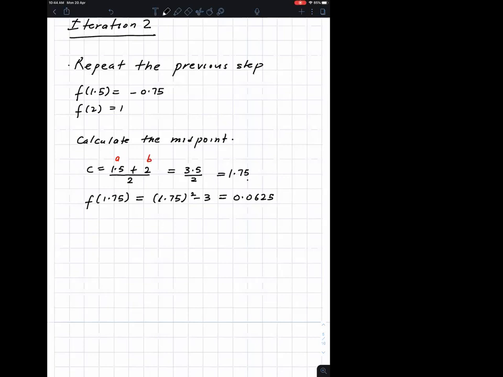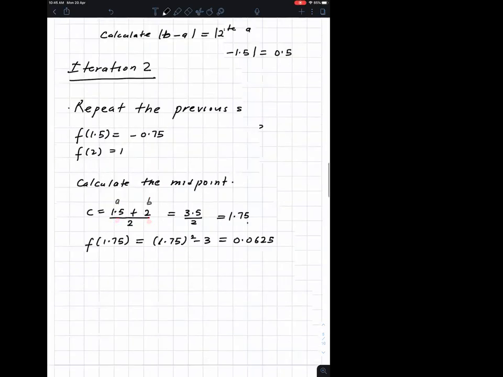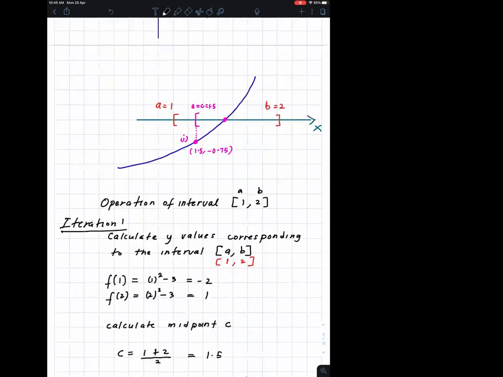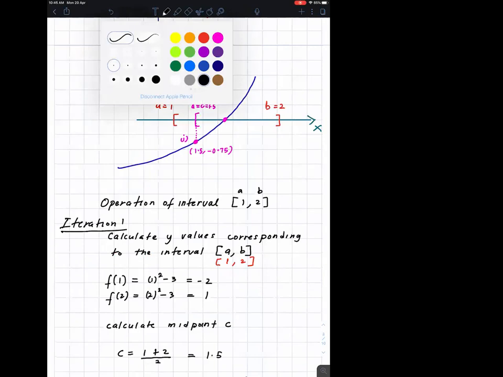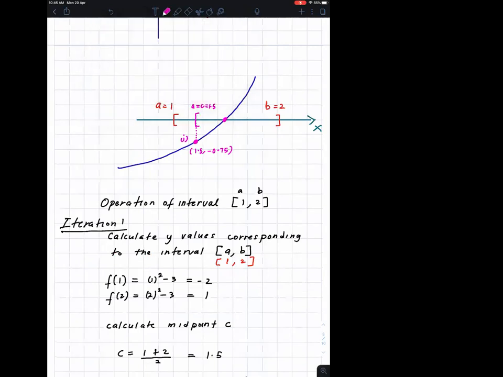For the C value, you're getting a Y value of 0.0625. Assuming the x value is 1.75 and you're right here. These things are not to scale, okay? Maybe this curve is not very accurate.